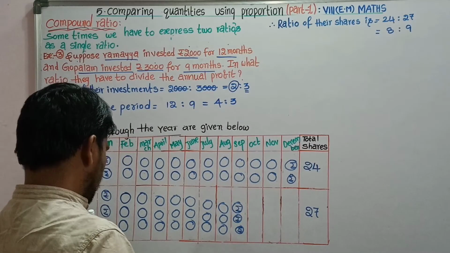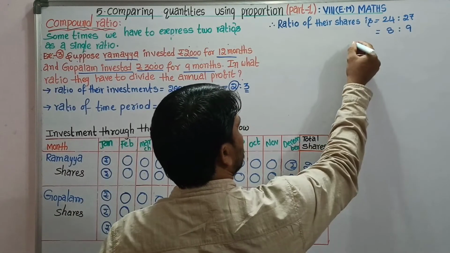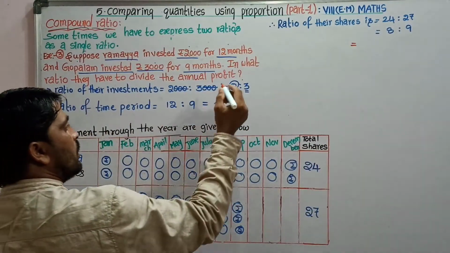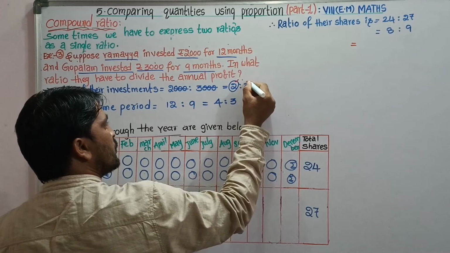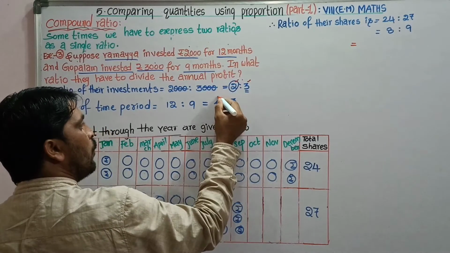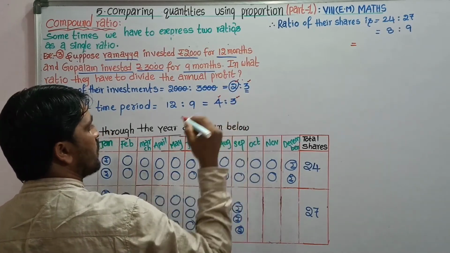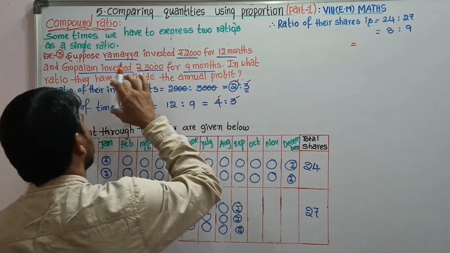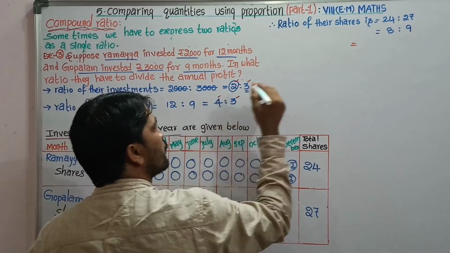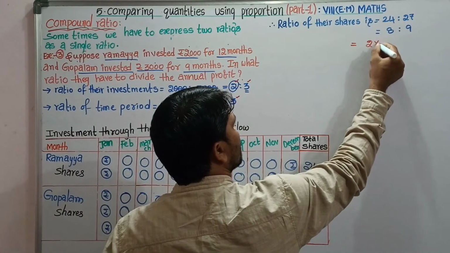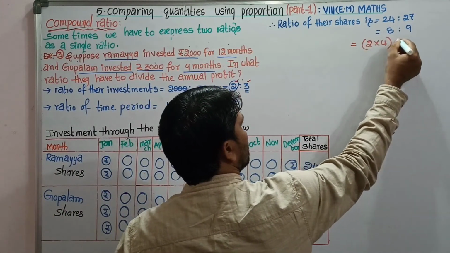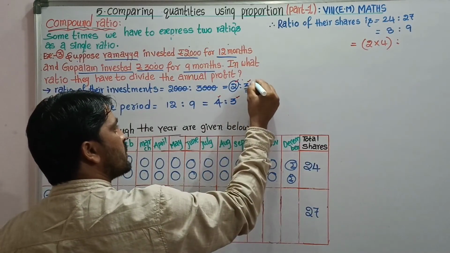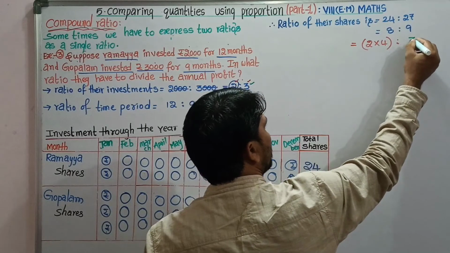Okay, that is exactly equal to 8:9, which can be written as follows. Here 2 is antecedent, 3 is consequent, 4 is antecedent, 3 is consequent. Consider the product of antecedents of these two ratios, that is 2 into 4, and the product of consequents of these two ratios, that is 3 into 3.